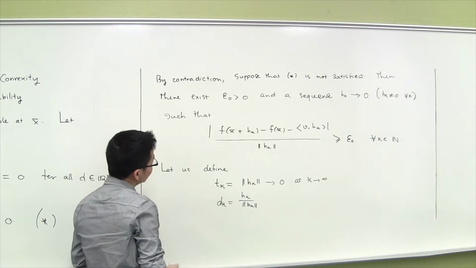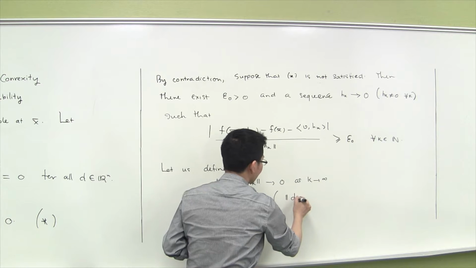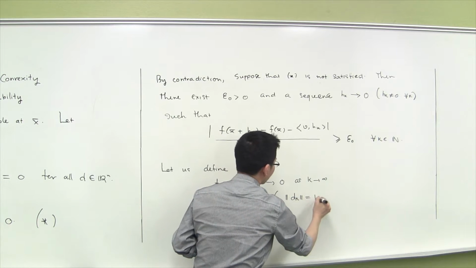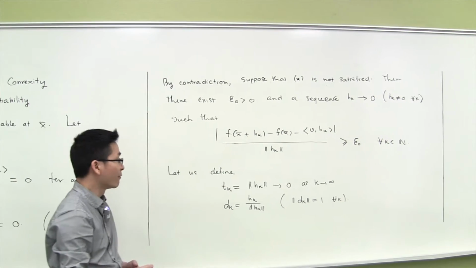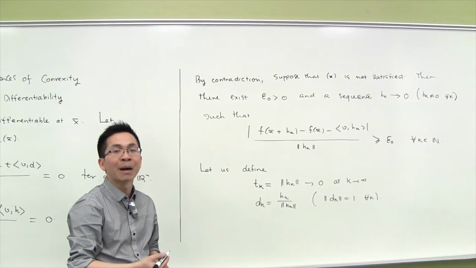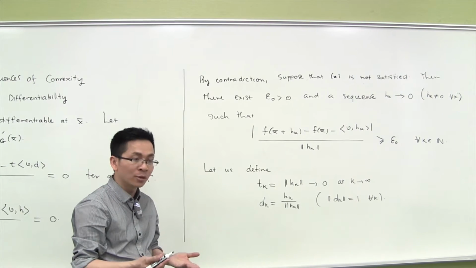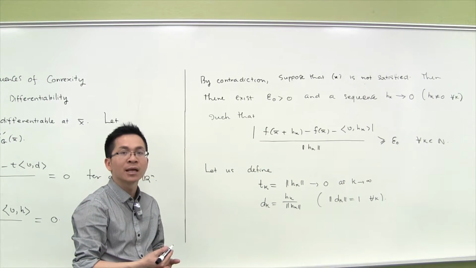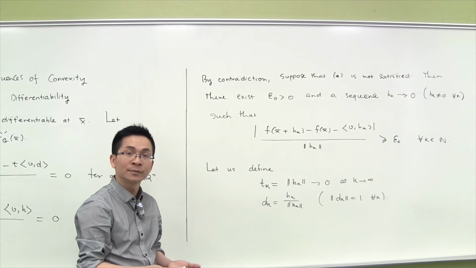From this, we see that the norm of dk is always 1 for all k, and therefore dk is a bounded sequence in Rn.